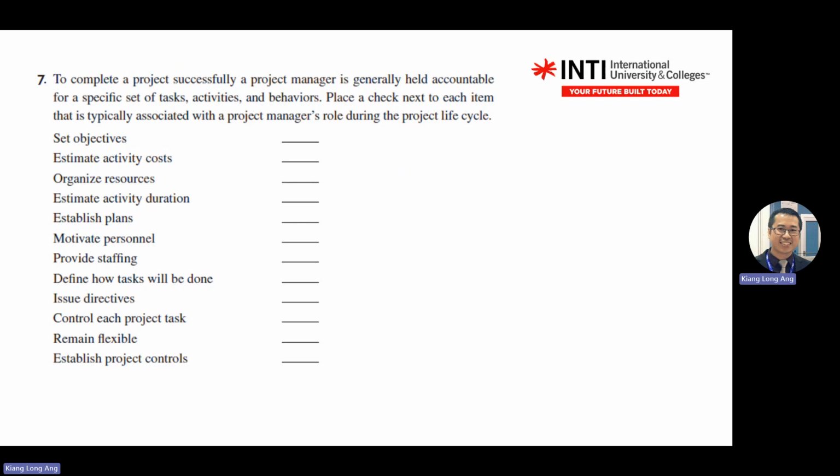Some of it is not the project management role. Try to guess which one is project management role. Which one is not? Estimating cost is not.